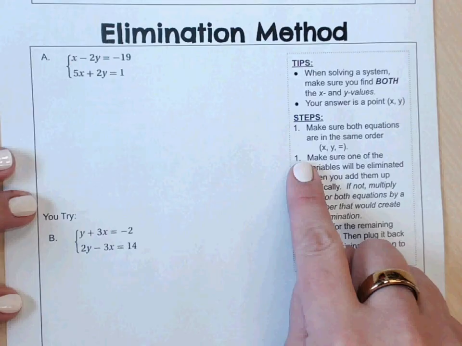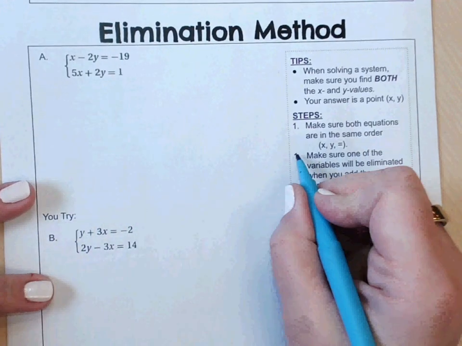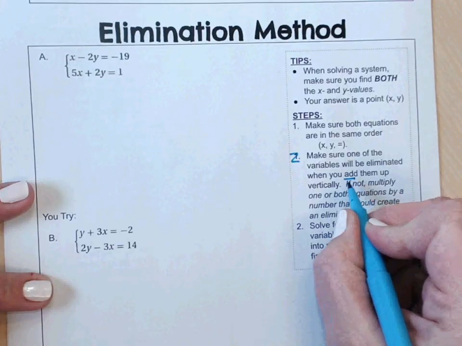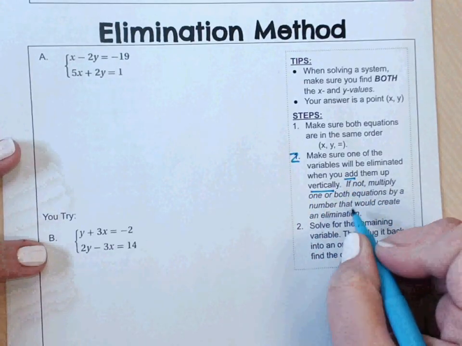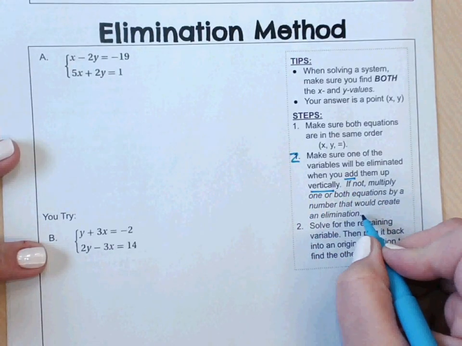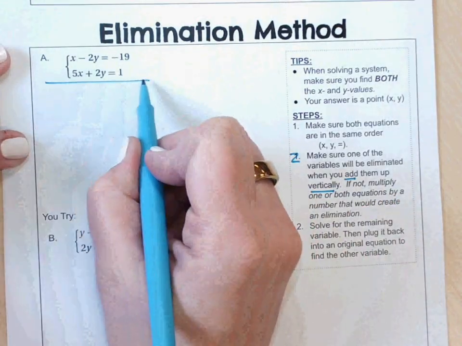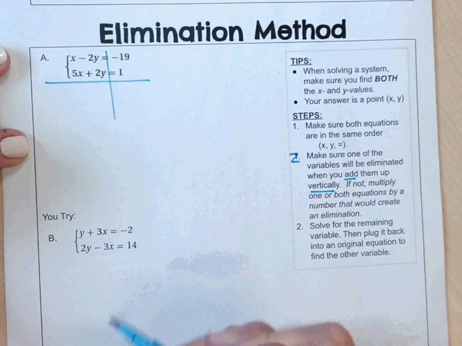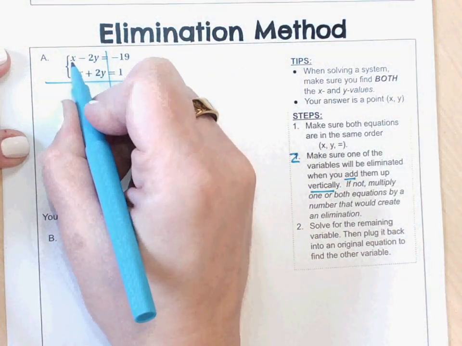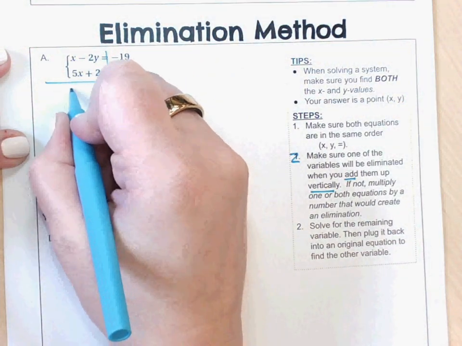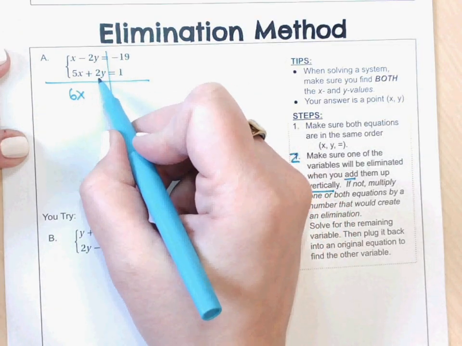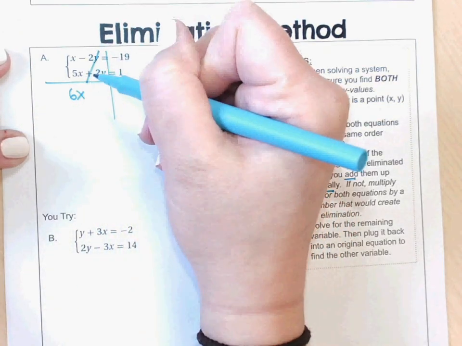That should say step 2. Make sure one of the variables will be eliminated when you add them up vertically. If not, we don't have to worry about that on this first example. So I'm going to add these up vertically, and I'm going to draw a line down the equal sign. When I add these up vertically, x plus 5x is 6x. Negative 2y plus 2y makes a 0.